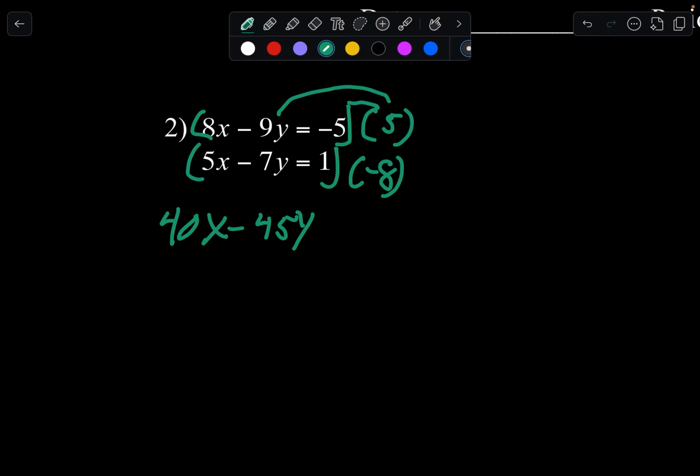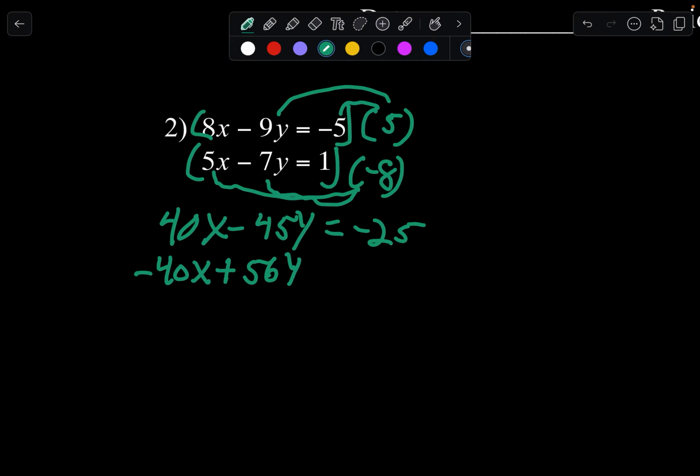And then 5 times negative 5 is negative 25. That's one equation. Then negative 8 times 5 is negative 40x, hence they are opposite signs. Don't forget negative 7 times negative 8 is a positive 56y. And then equals negative 8, because negative 1 times negative 8.